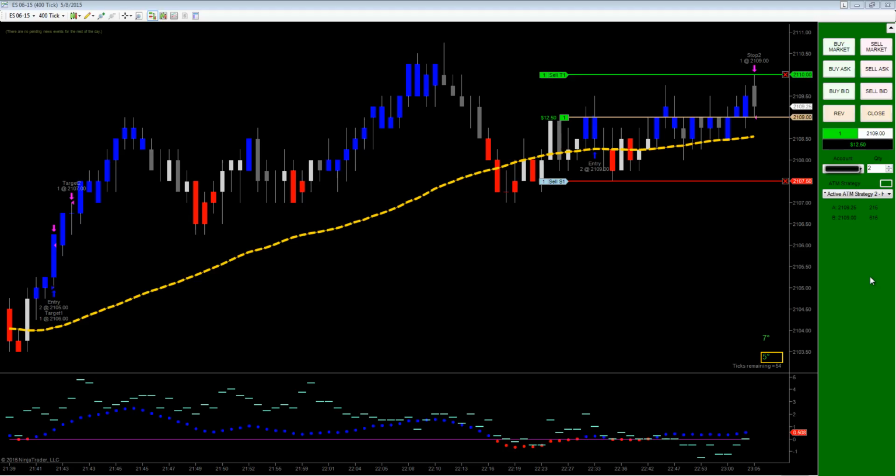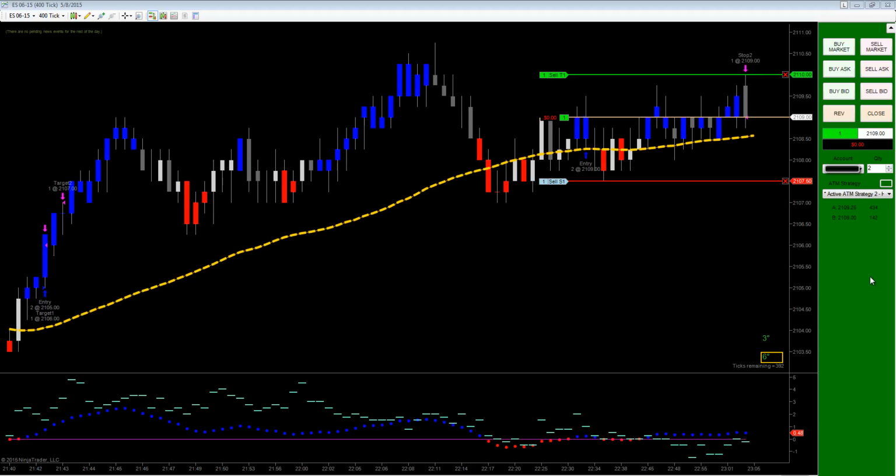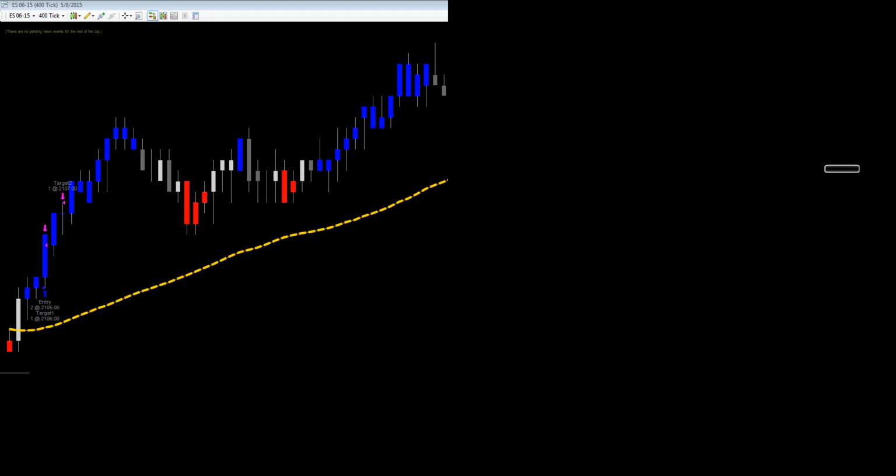Stopped out. Well, we got stopped out there on one of our contracts, so basically it just took off some risk for us. So we're just in one contract, hoping to get the first target. Just have to wait.